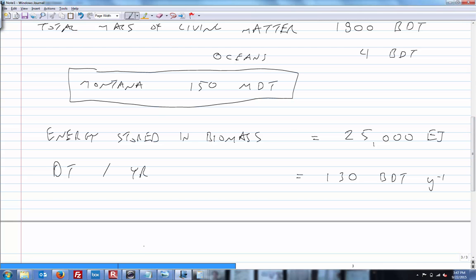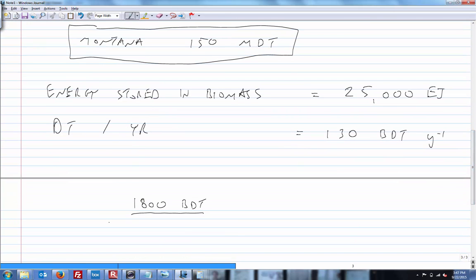If I know that 1,800 billion dry tons is equivalent to 25,000 exajoules, and I know that we consume 500 exajoules.